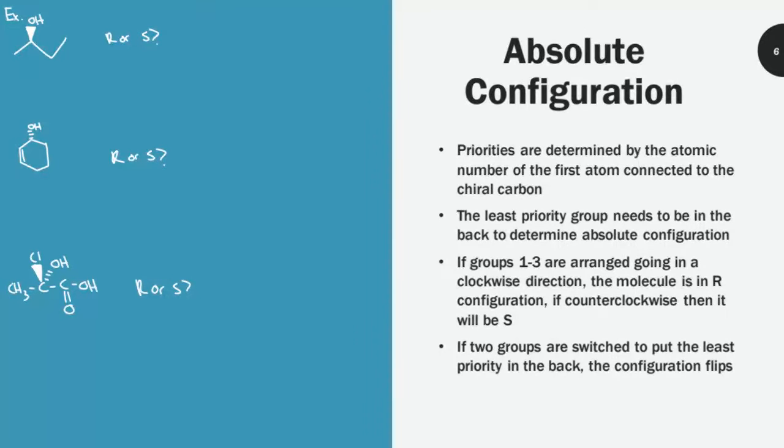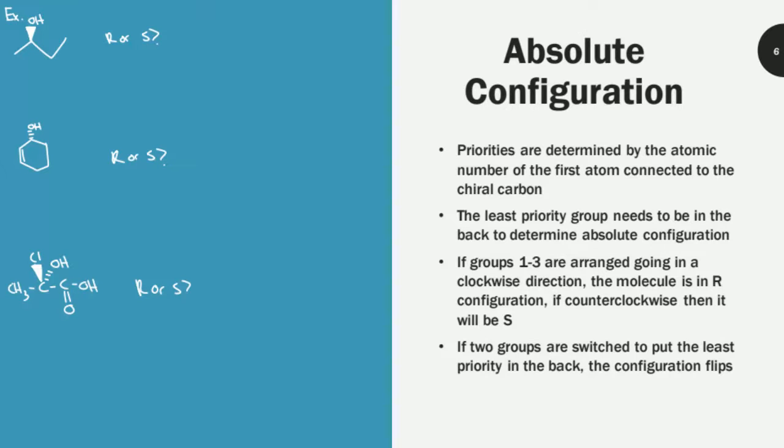Okay, so absolute configuration is a way to identify between enantiomers. We assign absolute configuration by assigning priorities to all the groups on the chiral center, and priorities are assigned based on atomic number.